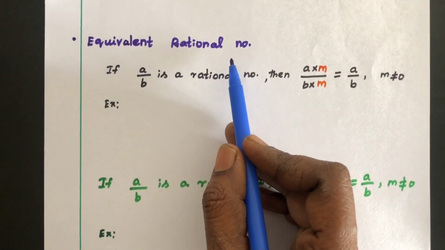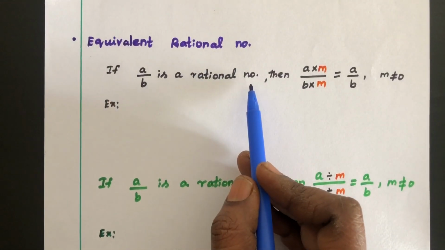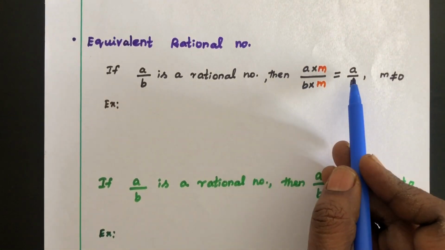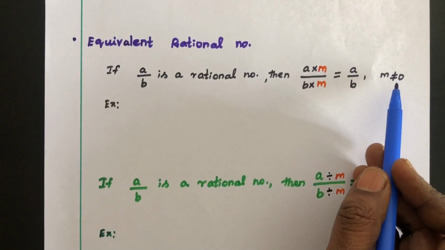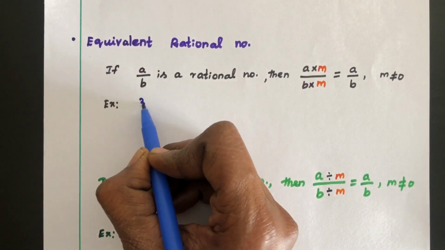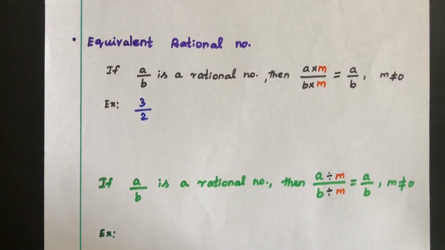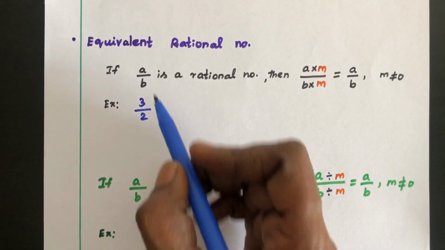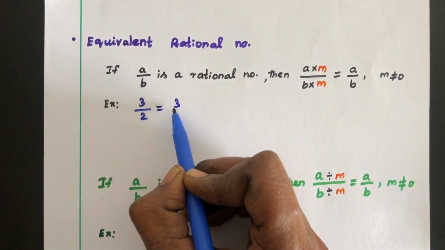Equivalent rational number. If a by b is a rational number, then a into m divided by b into m is equal to a by b, where m is not equal to 0. I'll show you. 3 by 2 is a rational number, right? We are going to find the equivalent of this rational number. How to do it?